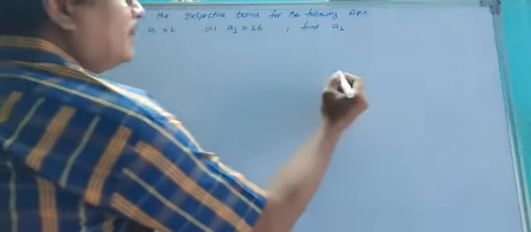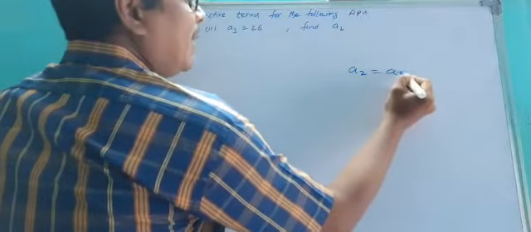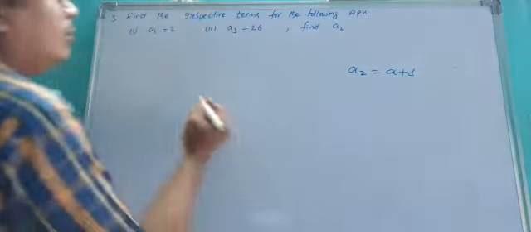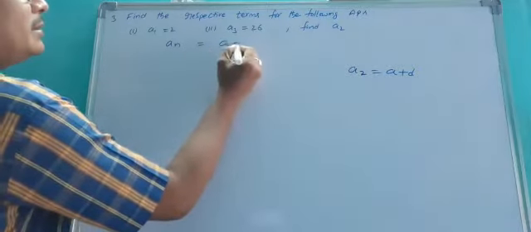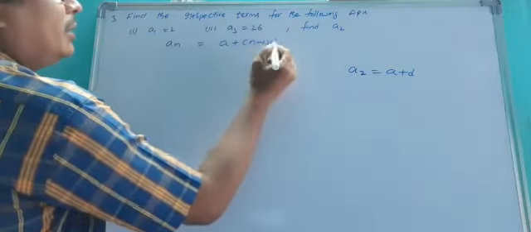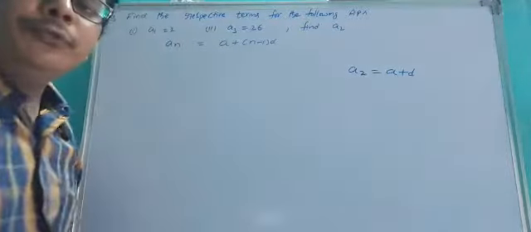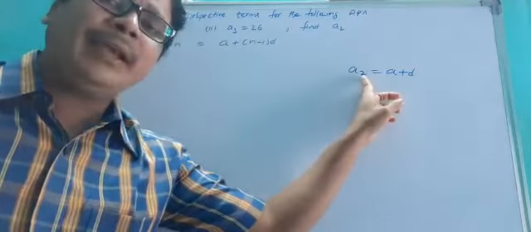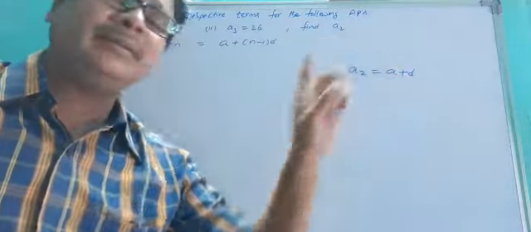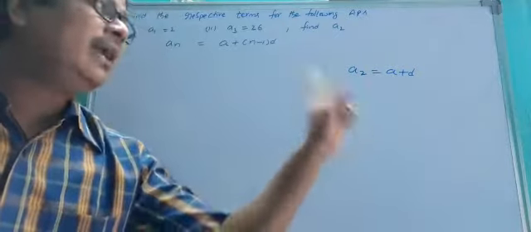So the second term a2 equals what? a plus d. Already you know the nth term an equals a plus (n minus 1) into d. So a2 means a plus d. To find the second term of an AP, you should know two values, a and d.